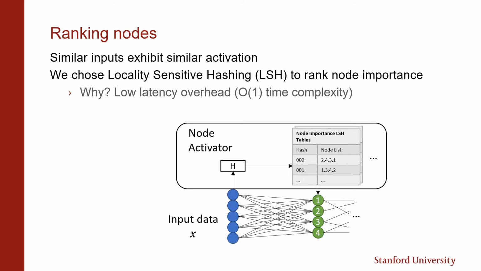So what this will look like internally within the node activator is that at each layer, we're going to hash the input to the layer, and then use that hash to index into a table, from which we will retrieve a node importance list, which contains a list of node indices sorted by importance.